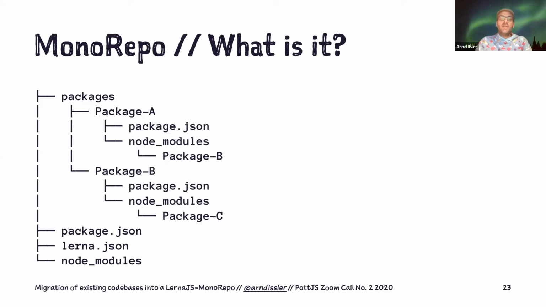So for each package which is maintained within the MonoRepo, there's a separate package.json. Here in the package A folder, for example, there's a package.json, and in the package B folder, there's a package.json. And this is still holding the dependencies of each package contained in the MonoRepo, and it's still holding run scripts, version number, configurations, and all this other stuff, because technically speaking, it's still a package.